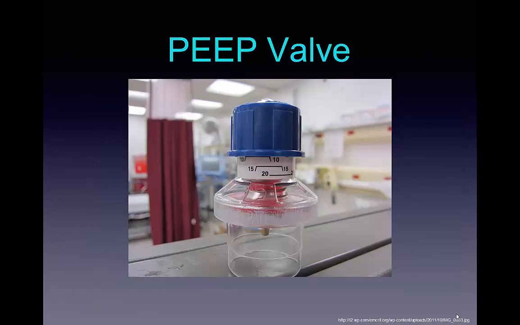This is a PEEP valve that sits in the back of a mask on a bag valve mask ventilator, and the way you turn this knob allows you to deliver a different amount of positive end expiratory pressure, measured in millimeters of water, during exhalation. And once again, PEEP is constant when you use non-invasive ventilation devices such as BiPAP, which is possibly why they're advantageous in certain situations, such as pre-oxygenating a patient who has COPD, asthma, or possibly heart failure.